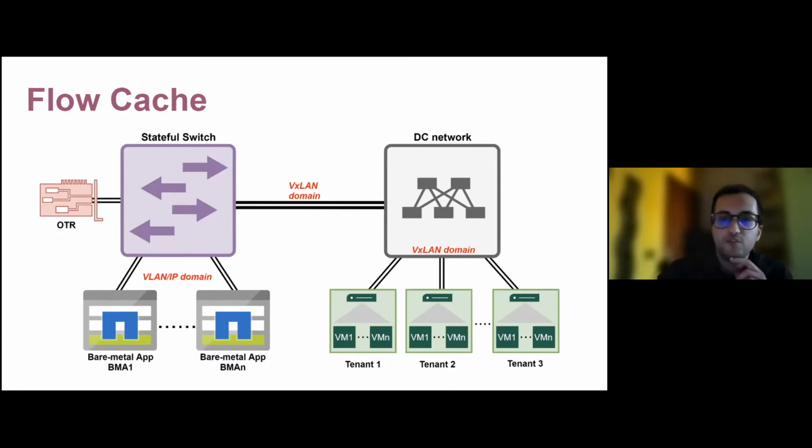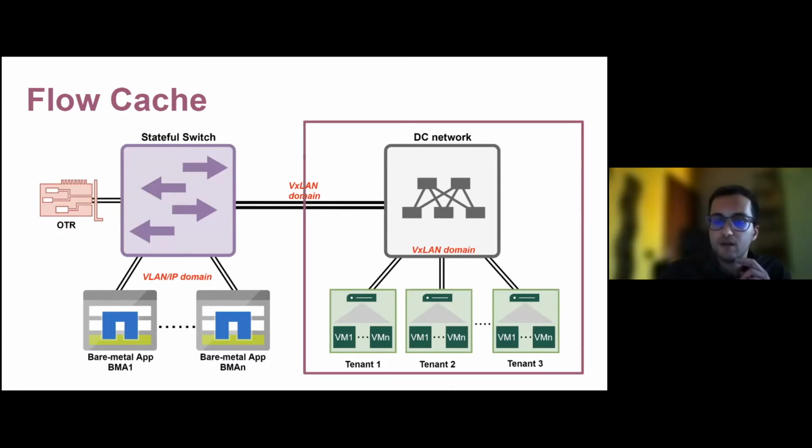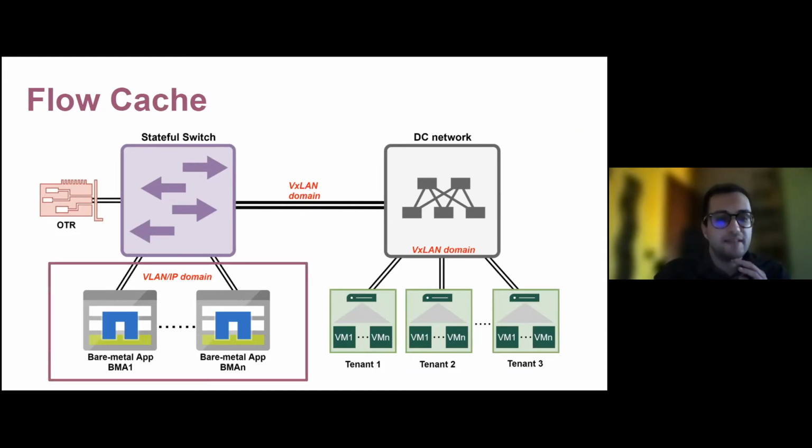In this topology, we have a data center network on the right, which has several tenants that are in the VXLAN domain. These tenants can request services from some bare metal applications that instead run in the VLAN IP domain.